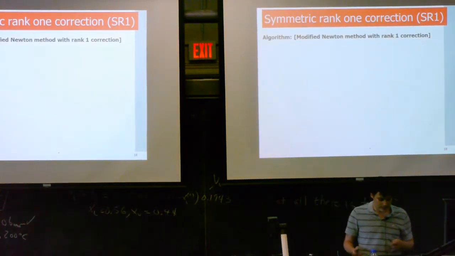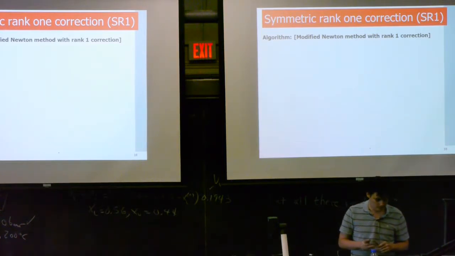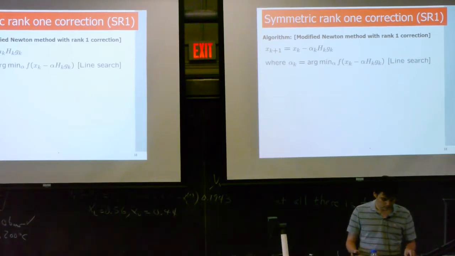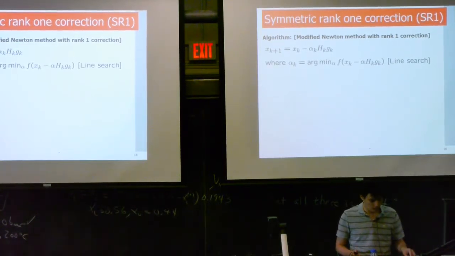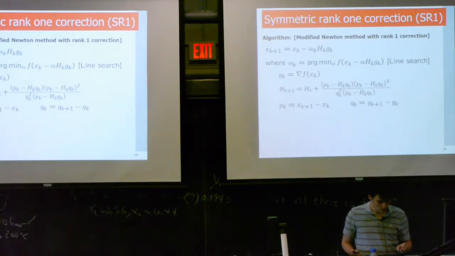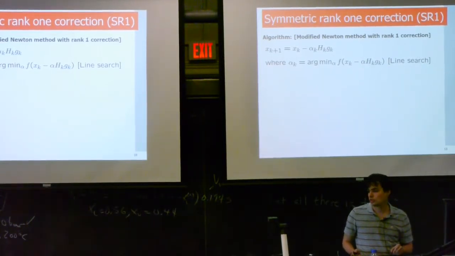So using this, we can define the modified Newton method with rank 1 correction, which will be like this: xk+1 is xk minus alpha k Hk, that's the estimation of the inverse of the Hessian, gk, that's the gradient at xk. For alpha k, we will use line search.